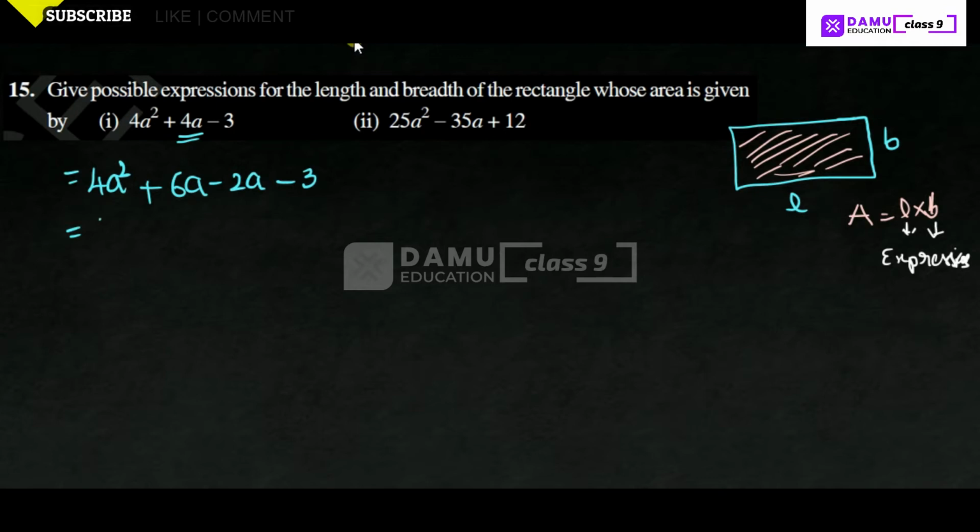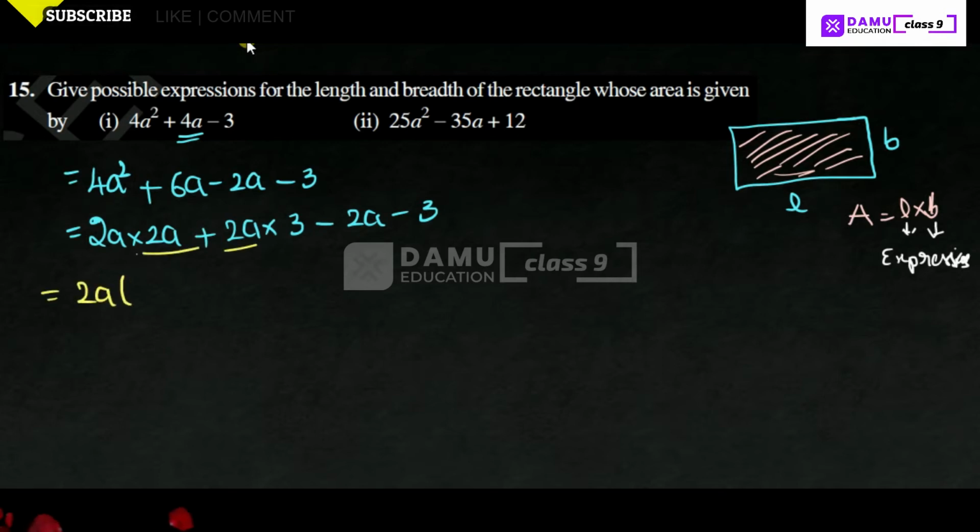So let's take common. Here you can write 2a into 2a, that is 4a, then 2a into 3, minus 2a minus 3. What is the common here? The common term is 2a. Let's take it outside, then 2a plus 3.